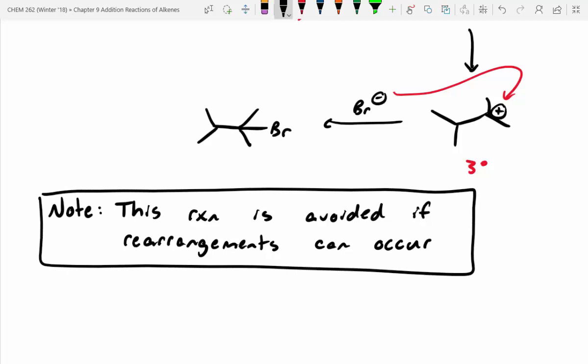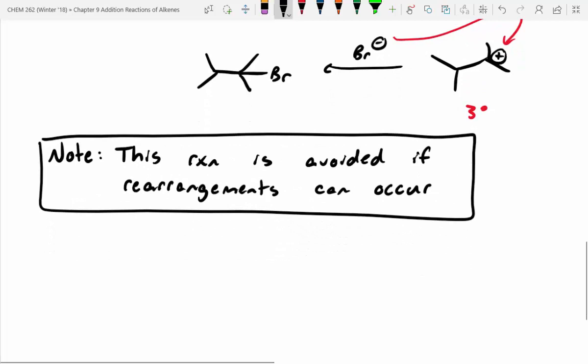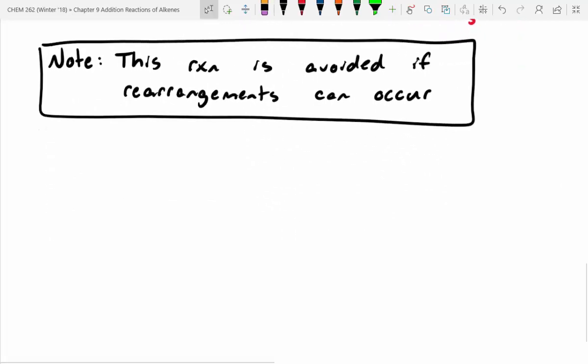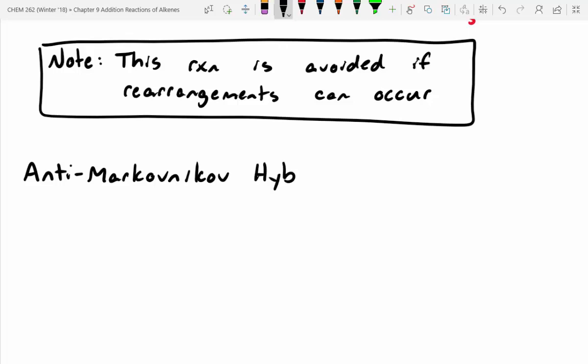All right, and I'll show you guys one oddball thing too before we move on to our next reaction. This is anti-Markovnikov hydrohalogenation.